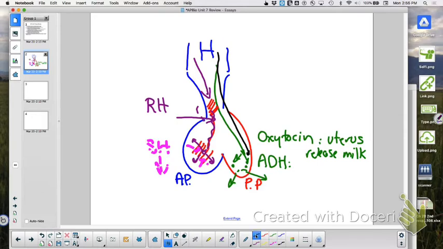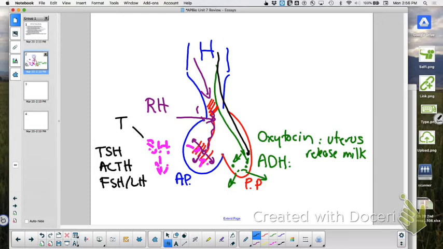Thyroid stimulating hormone, TSH, which is going to target the thyroid gland. What else? ACTH. Remember what that one is? Adrenal corticotropic hormone. It stimulates the adrenal cortex. There's FSH and LH.